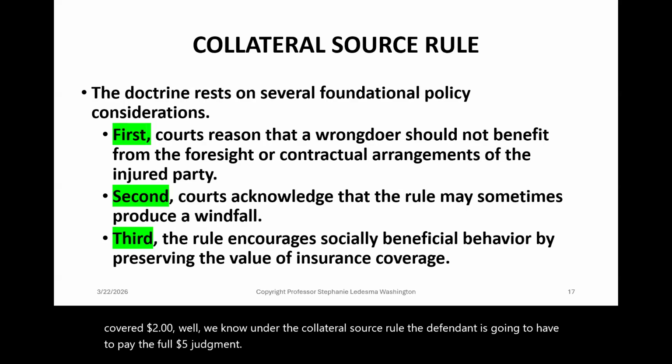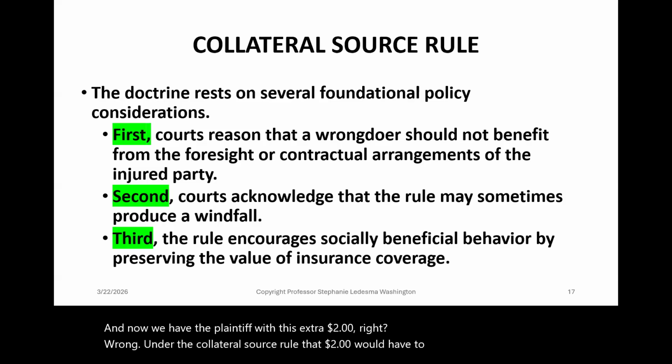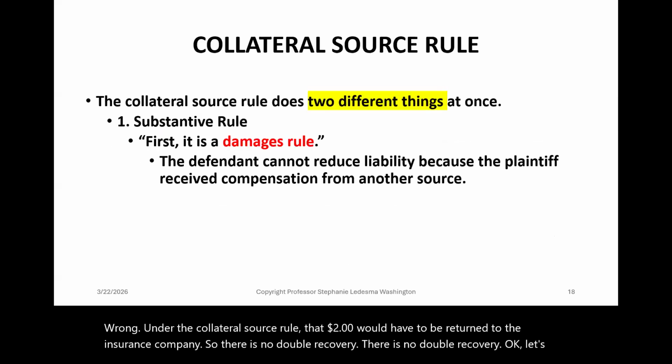And now we have the plaintiff with this extra $2, right? Wrong. Under the collateral source rule, that $2 would have to be returned to the insurance company. So there is no double recovery. Okay, let's finish out the collateral source rule.